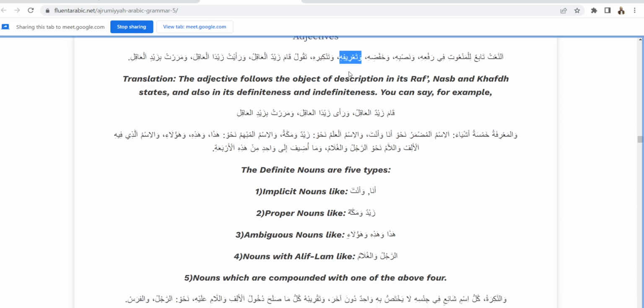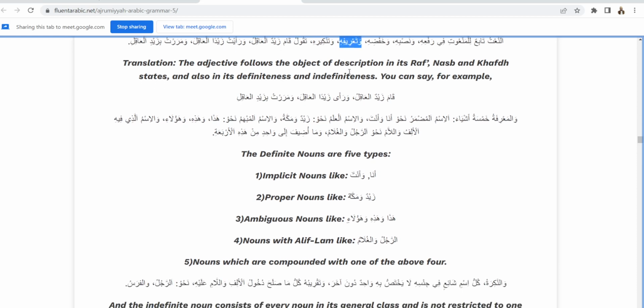He said number one is al-ismu al-mudmar, implicit nouns, like ana wa anta. These are defined. Number two, proper nouns, like Zaydun wa Makkah.